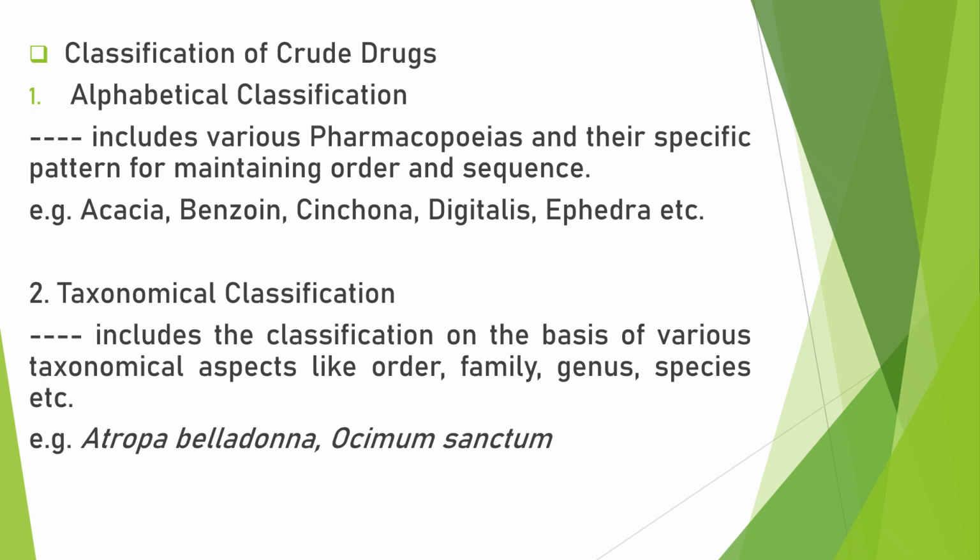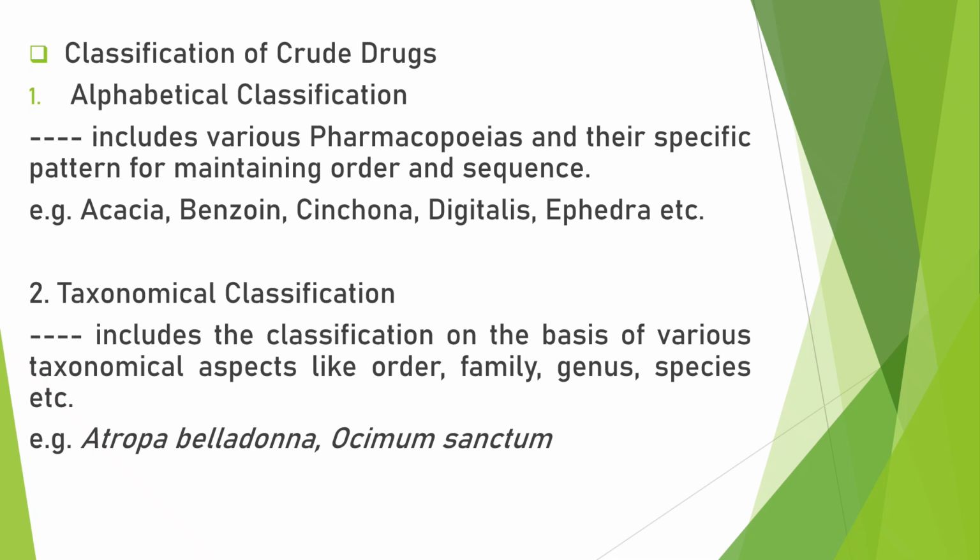The crude drugs are arranged on the basis of different languages, for example, Latin or English names. Some of the pharmacopoeias and reference books which classify crude drugs according to their system are as follows: Indian Pharmacopoeia, British Pharmacopoeia, British Herbal Pharmacopoeia, United States Pharmacopoeia and National Formulary, British Pharmaceutical Codex, European Pharmacopoeia, Encyclopedia of Common Natural Ingredients used in drugs and cosmetics.